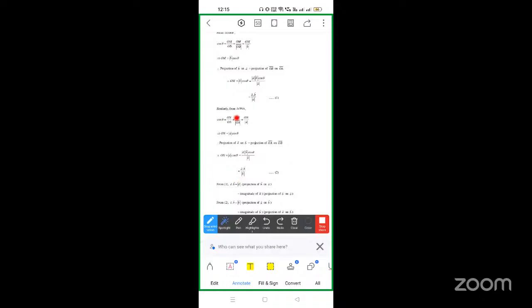Similarly, in the triangle OAN, we can take the same cos theta equal to ON by OA, so ON by mod A. So ON is equal to mod A into cos theta. So the projection of A on B is the projection of OA on OB, which is ON, equal to mod A into cos theta.